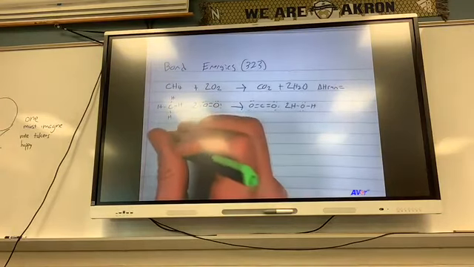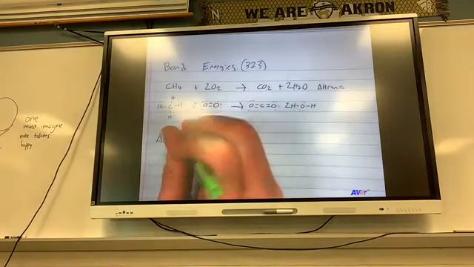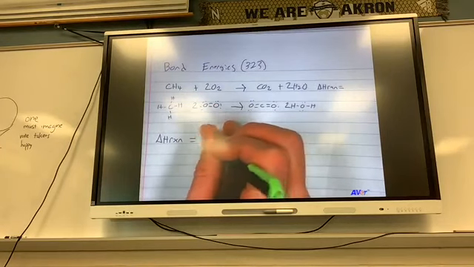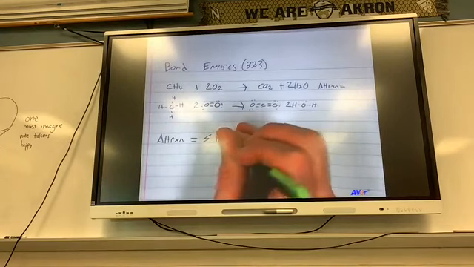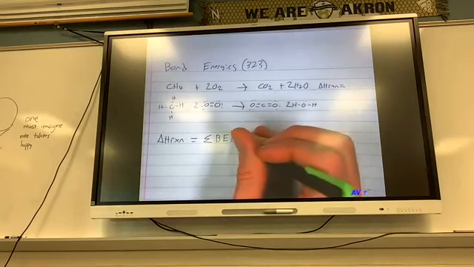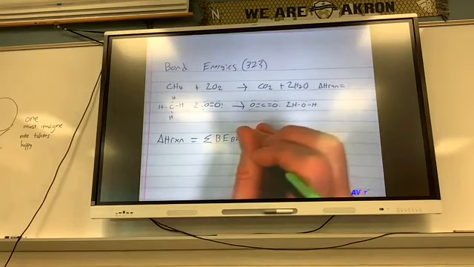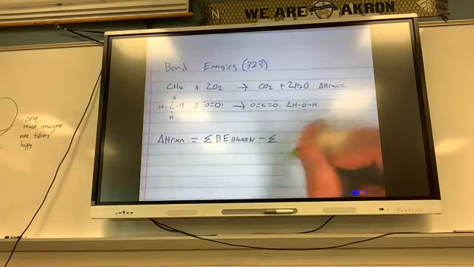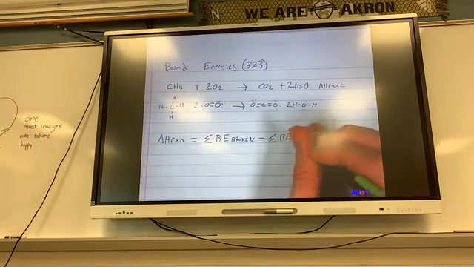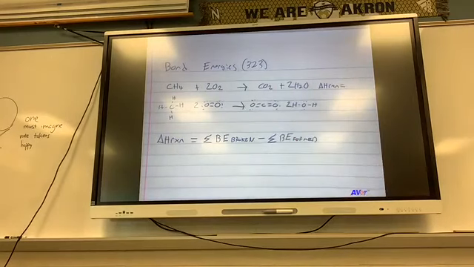Here's the equation. Delta H reaction is equal to the sum of the bond energy of the broken bonds minus the sum of the bond energy of the formed bonds.